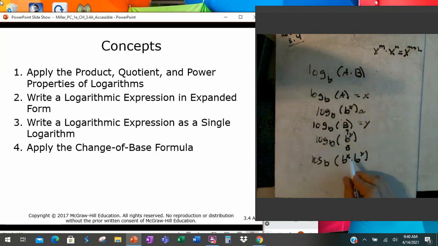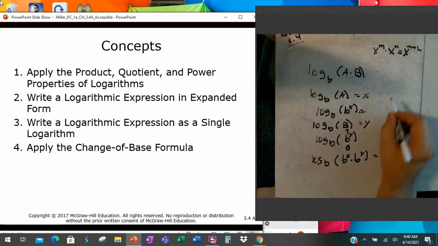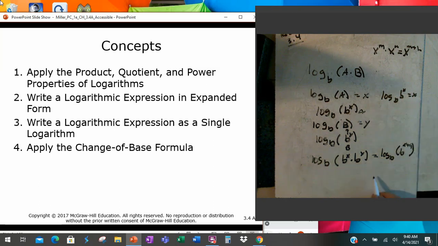So here's the exponents. It looks like the log of this thing is log base b of b to the x plus y, and this was the exponents when I'm doing this. Remember, that's one of our fundamental properties, that log base b of b to the x is just the x. This is just the sum of those exponents.